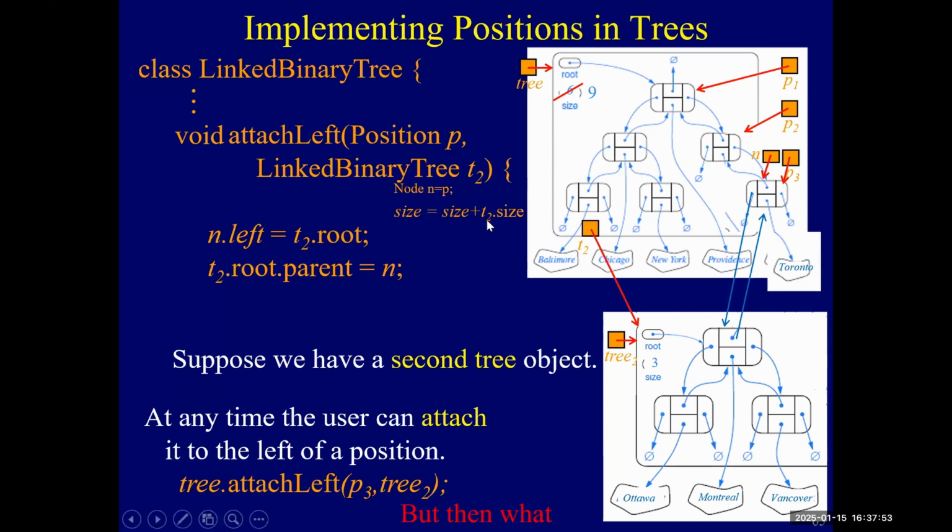But then what am I adding on? Well, there's a long chain here. This tree is pointed to by tree 2, which then gets passed into here to T2. And then T2 dot size is this value 3.